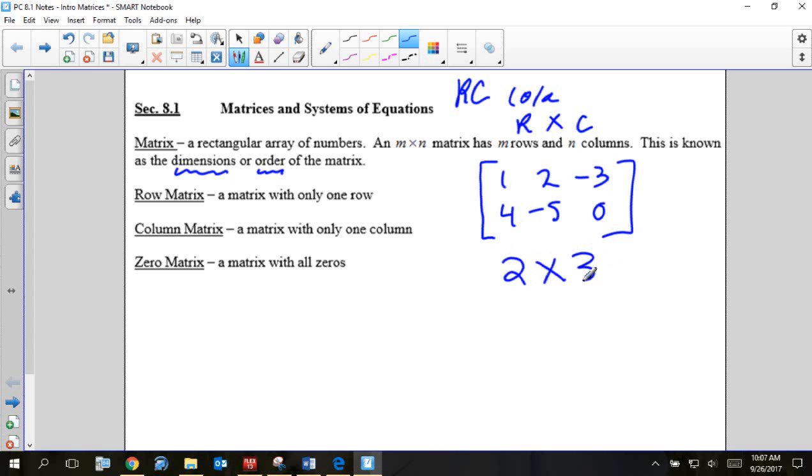Then there's some definitions here. If it's called a row matrix, it is just one row. So it might look like 5, 4, -3, 2, 1. That one has 5 elements in it, just one row. And then this column matrix just has one column.